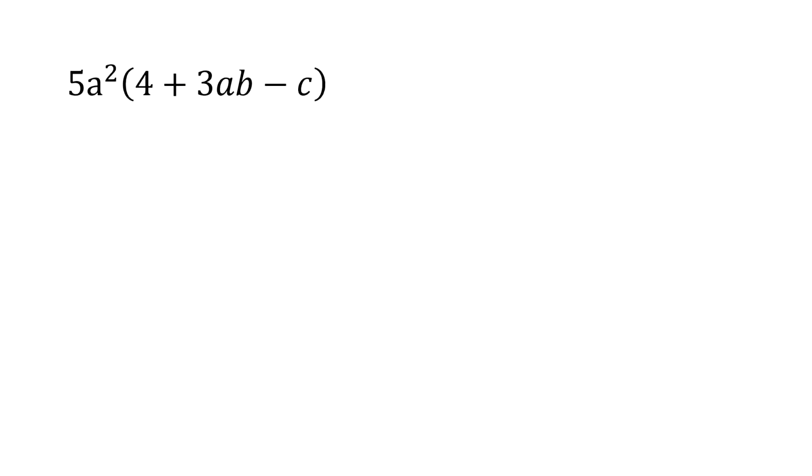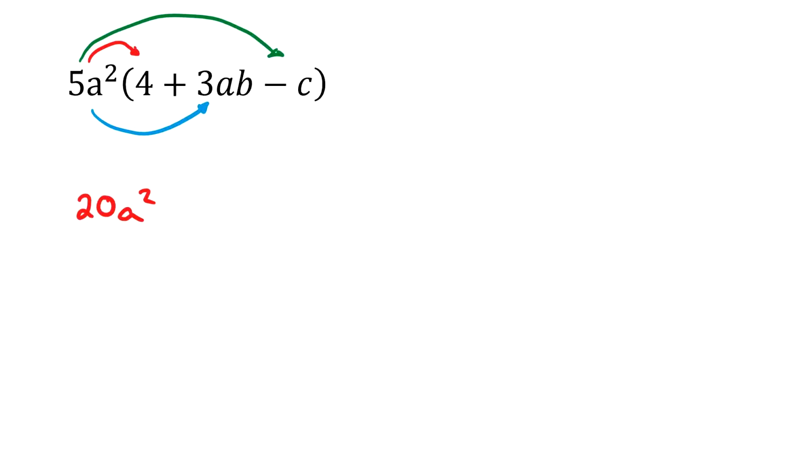Next, we have one with multiple terms. We have 3 terms inside the brackets this time, and it works the same way. So we draw my arrow here, draw my arrow here, and then we can draw this arrow going up here. First one we're going to do is our red, so 5 times 4 is 20, A squared, because there's no other A's.